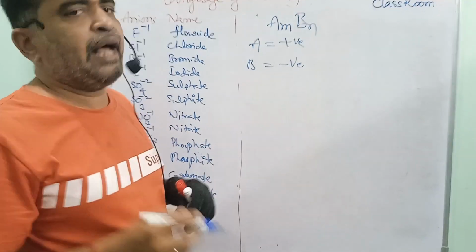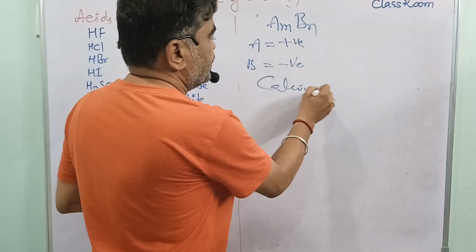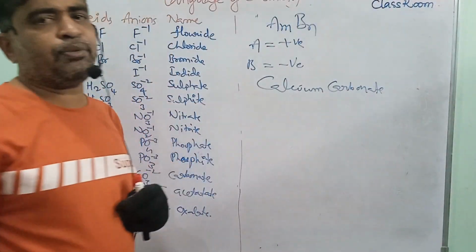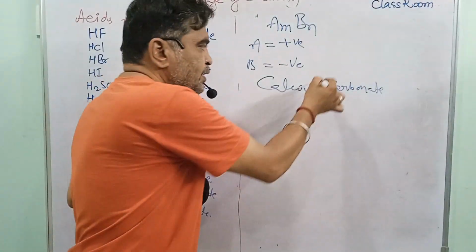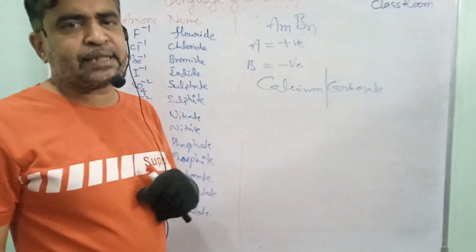For example, I am writing one compound, that is calcium carbonate. What is the compound? It is calcium carbonate. Here it is a combination of two words: one is calcium, second is carbonate.